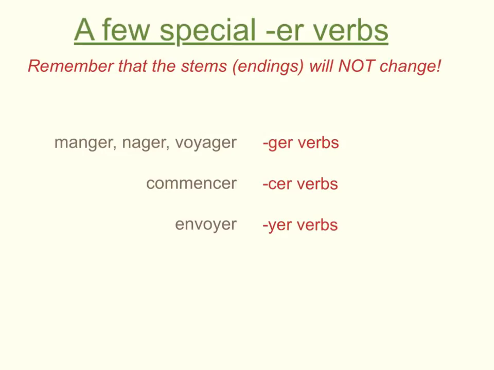So an example would be commencer, which means to start, to commence, to begin. Commencer is not on your vocabulary list, but it is helpful to know how it's conjugated. And lastly, we're going to look at YER verbs, verbs that have a Y before that ER, like envoyer.